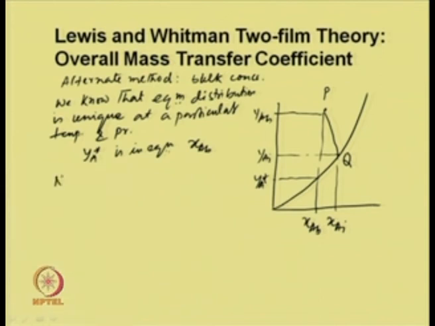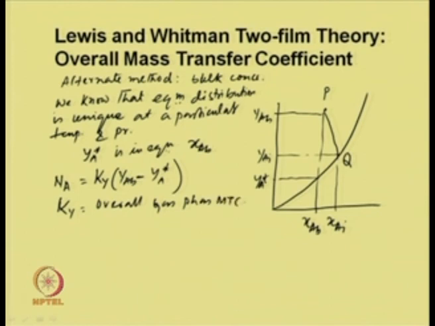So, NA will be capital Ky (YAB minus YA star). Ky is the overall gas phase mass transfer coefficient.